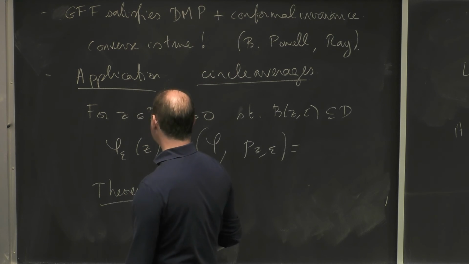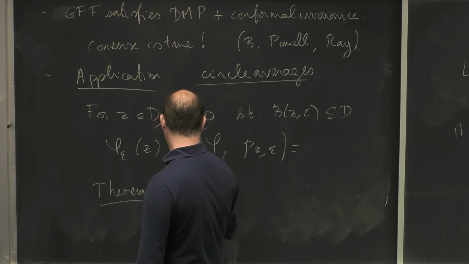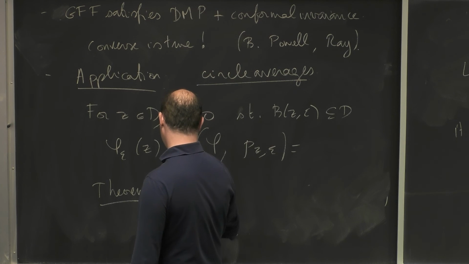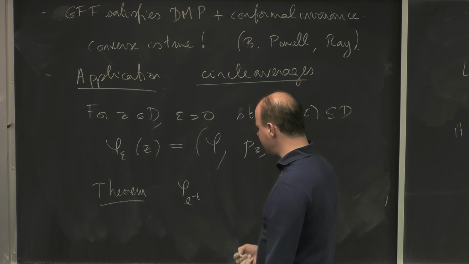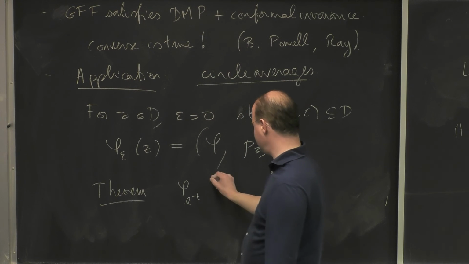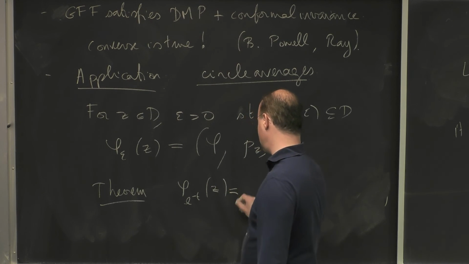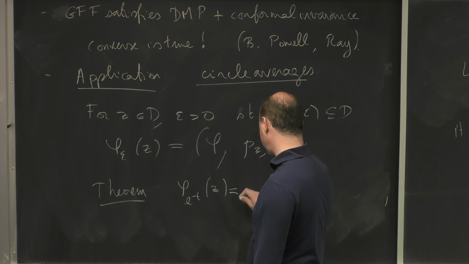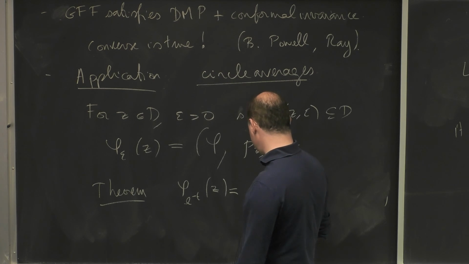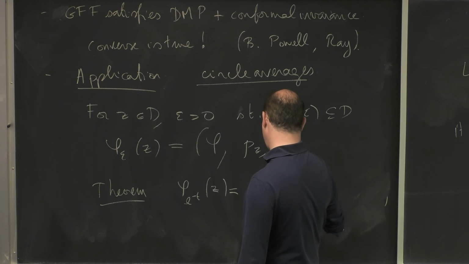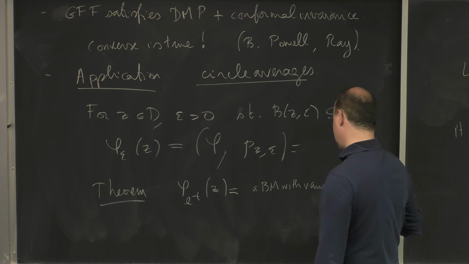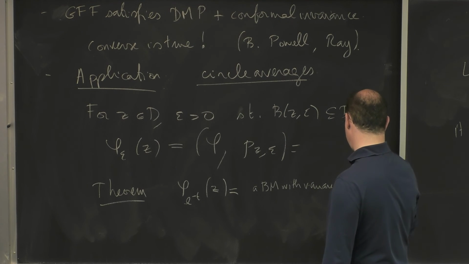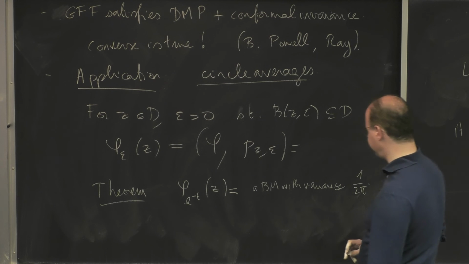Here's a very nice theorem. Let me reparameterize these distances by e to the minus t. And the claim is that this is actually a Brownian motion with some variance, probably 1 over 2 pi.